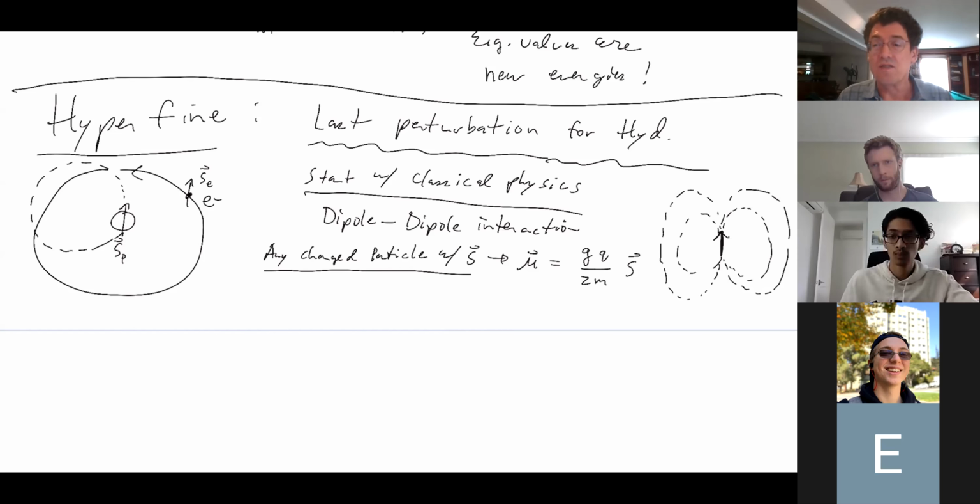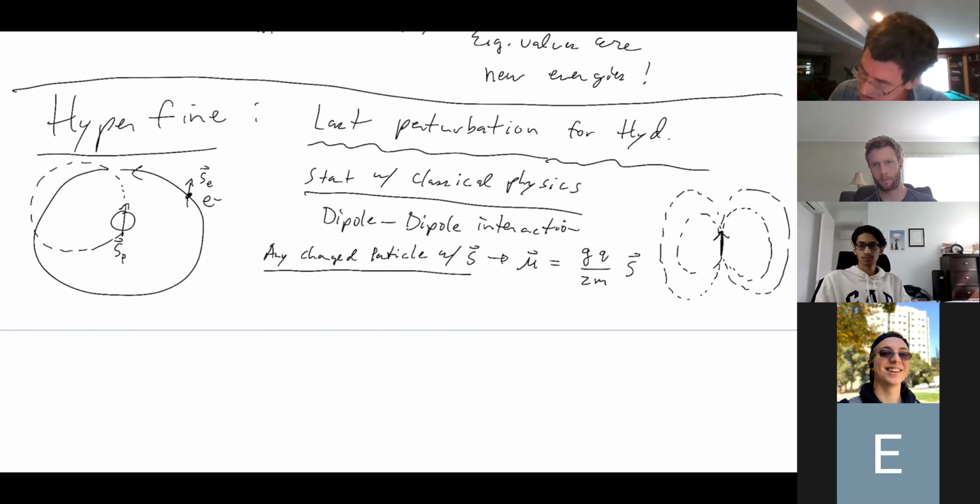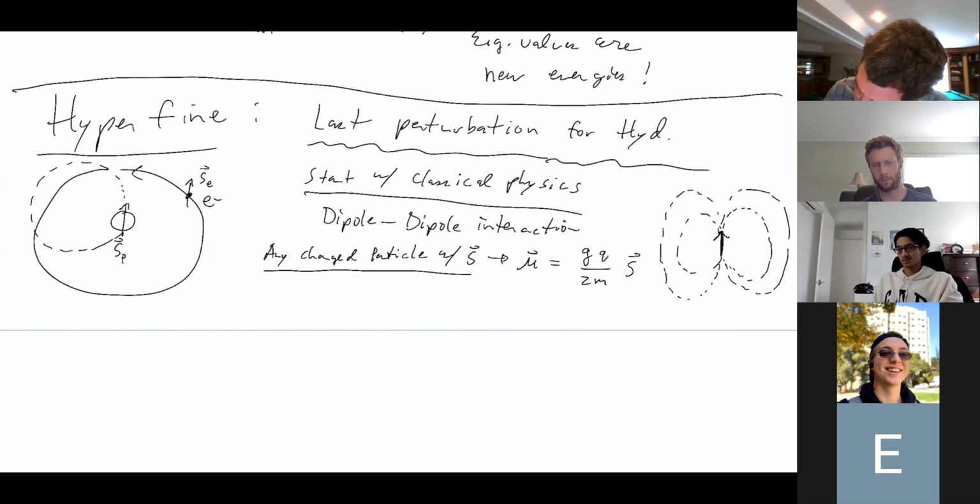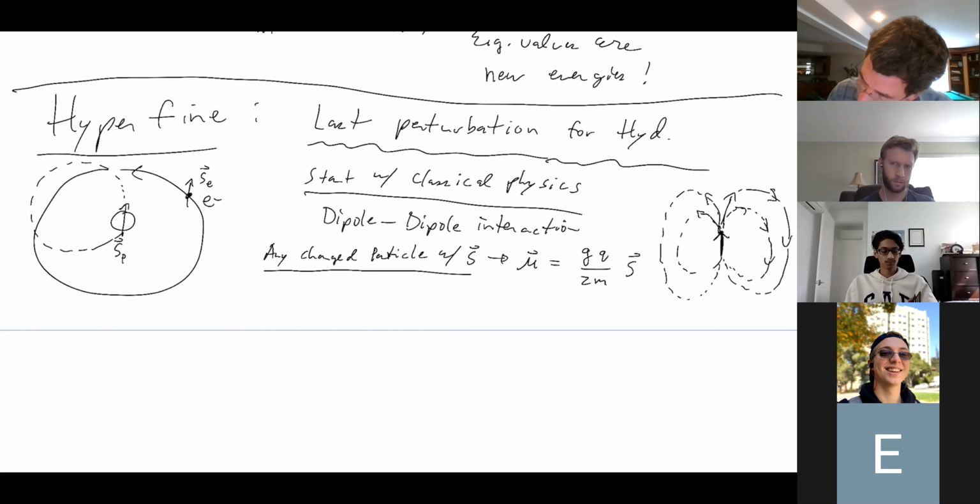You certainly learn it in physics 110A, but I don't know if you learn about the dipole field in lower division physics. Does anybody remember? I don't think so. We talked about dipoles a little bit, but I don't think we ever did field stuff with it.